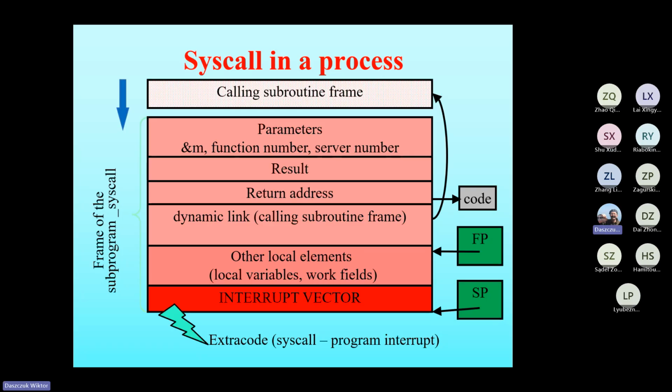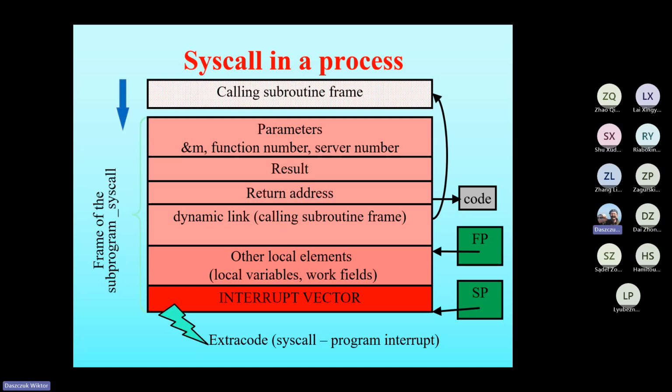This is the calling subroutine. In the program, from this subroutine we call this subroutine. It is called underscore syscall. The calling subroutine puts parameters on the stack.